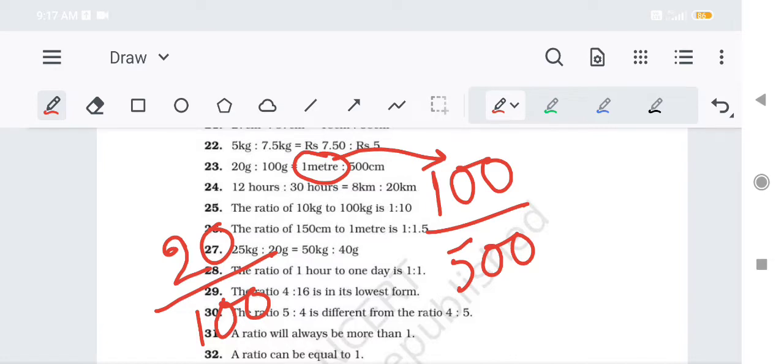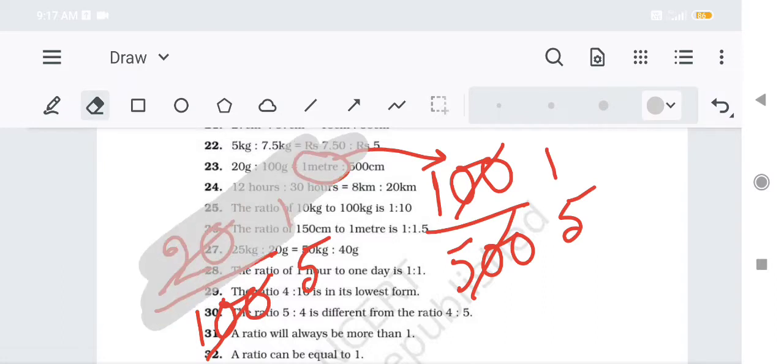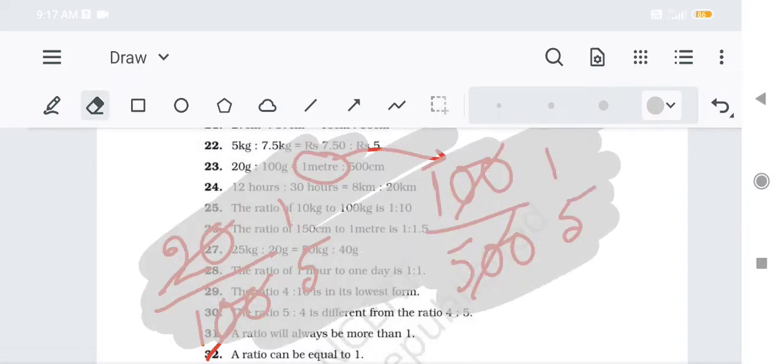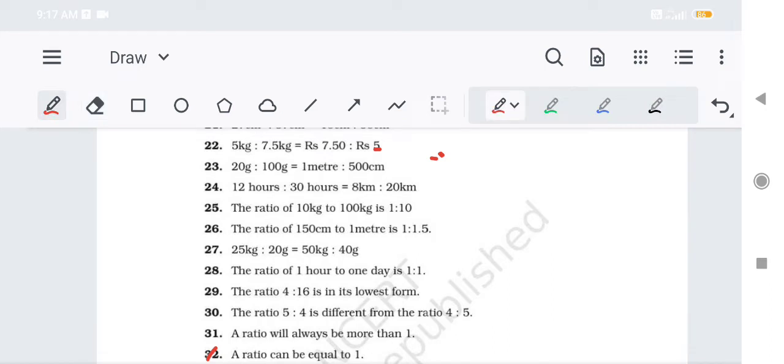Now here you can see I am simply reducing these fractions and I am getting 1 by 5 in both the cases. So this given statement is true, that is 20 gram is to 100 gram is equivalent to 1 meter is to 500 centimeter. It may be possible that the units are different, but when we are finding the ratio properly or when we are converting it to a fraction, we are converting both the terms into a single unit. So this given statement is true.